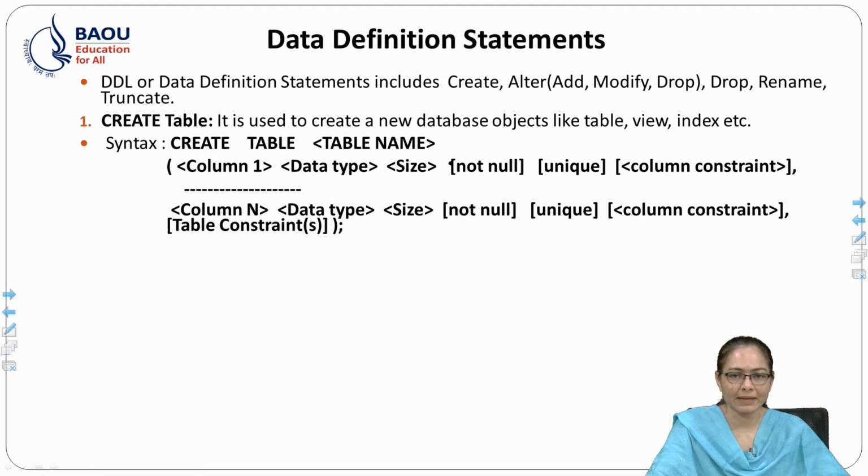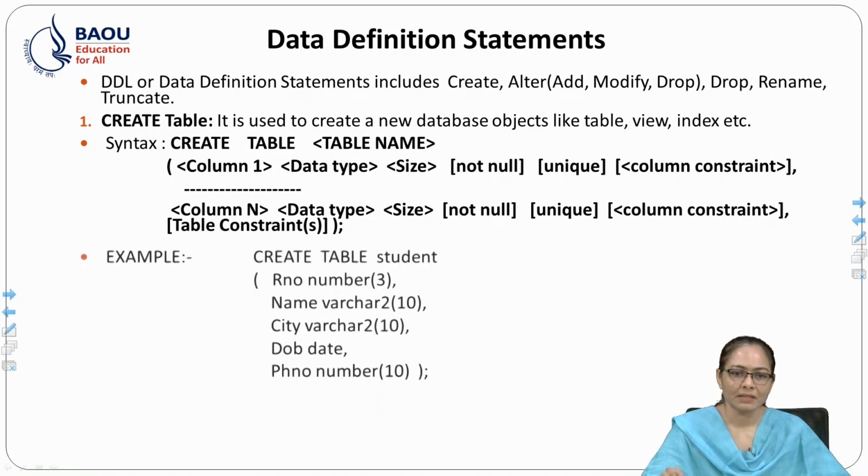The square brackets are optional and the round brackets are compulsory. After the command is completed, a semicolon is used. The number of columns is presented in these opening and closing brackets.